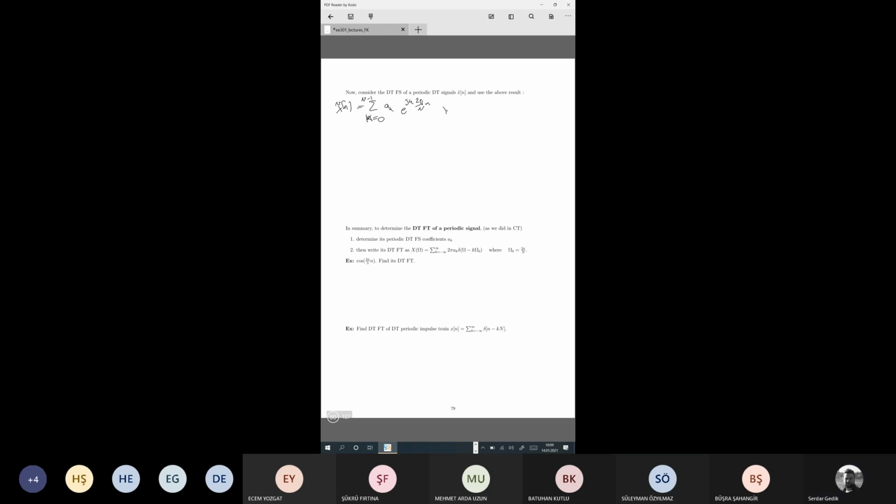So X(omega) is nothing but the summation k from 0 to N minus 1 of a_k times the Fourier transform of e^{jk 2 pi over N n}. So I have obtained the Fourier transform of this one. The Fourier transform is a linear operator, so that's why the summation and a_k are outside of the Fourier transform. So I only find the Fourier transform of the term which contains n, of course.